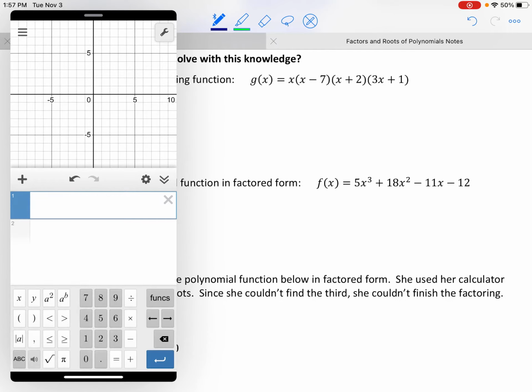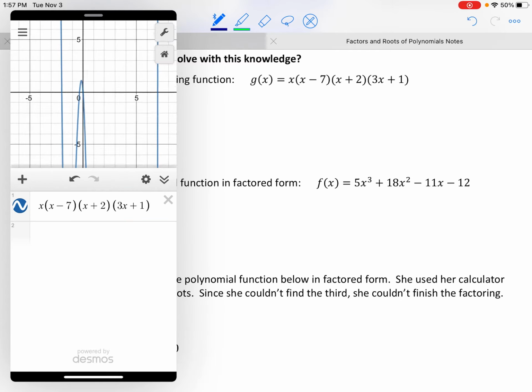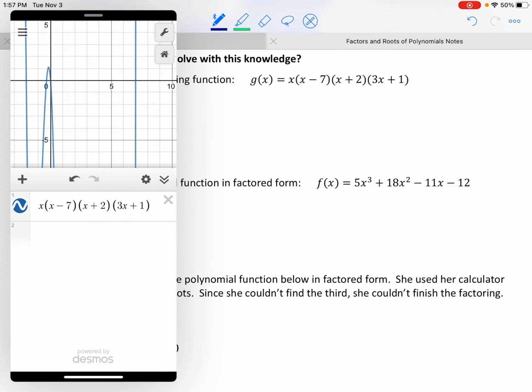If I put in x times (x minus 7) times (x plus 2) times (3x plus 1), here's my function. If I wanted to know the roots, there they are. Where is this graph crossing the x-axis? At -2, at -0.3 repeating, at 0, and at 7.